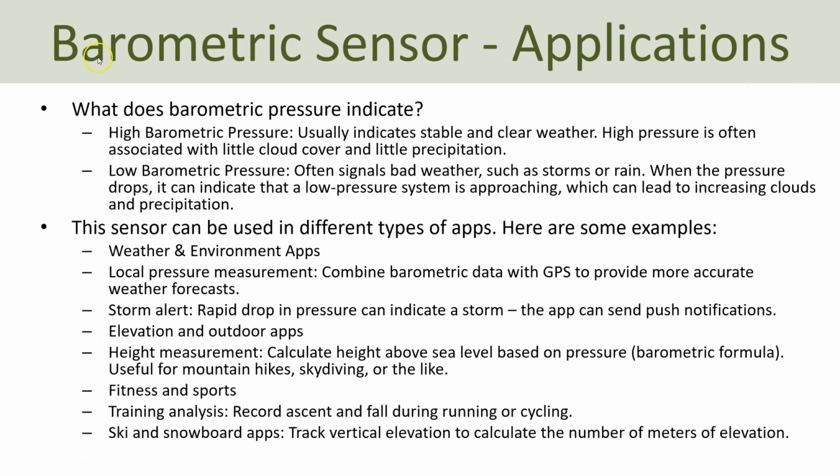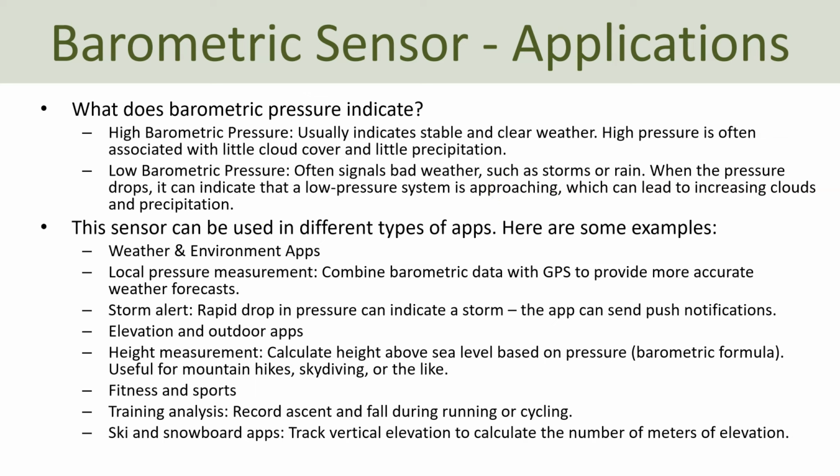So this barometric sensor can be used in many different types of applications. Typically high barometric pressure indicates stable and clear weather, while low barometric pressure often signals bad weather, such as storms or rain, etc. And this sensor can be used in many different types of apps.